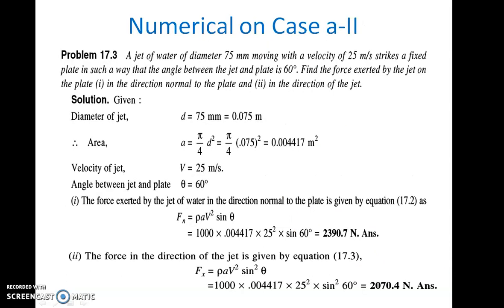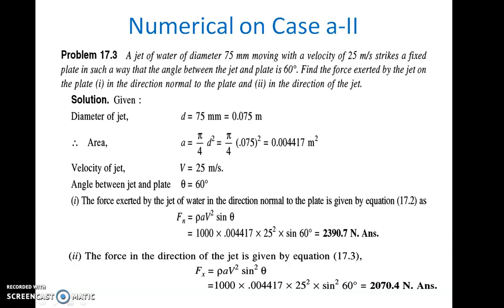Okay, let us see one numerical on case number 2. A jet of water of diameter 75 mm moving with velocity 25 meter per second strikes a fixed plate in such a way that the angle between the jet and the plate is 60 degrees. Find the force exerted by the jet on the plate in the direction normal to the plate and in the direction of the jet.